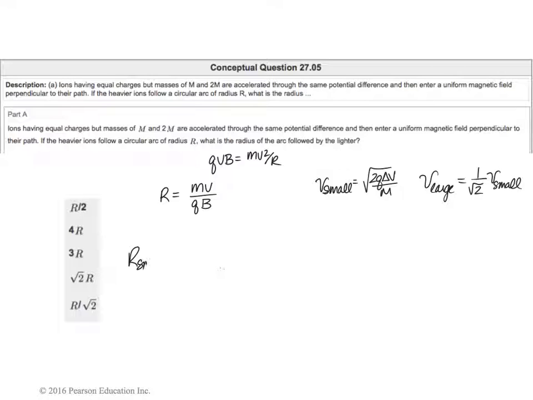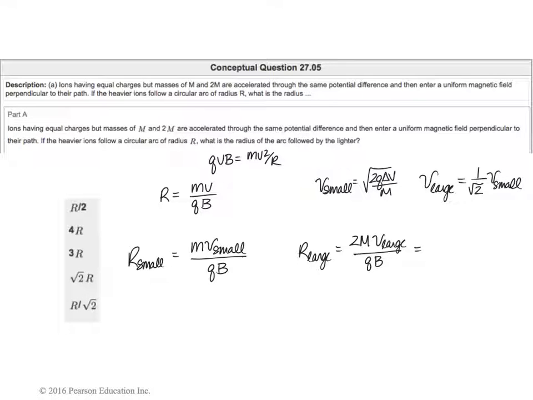The radius of the small particle can be expressed as m v small over qB. The radius of the large particle, I can first start off, is going to be 2m, velocity of the large particle, over qB.